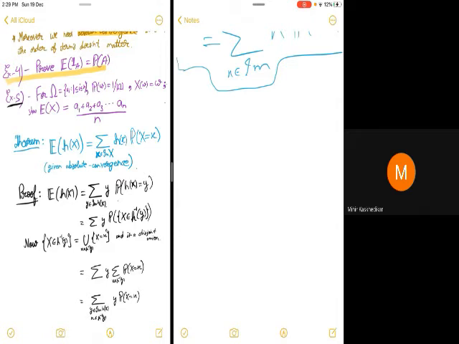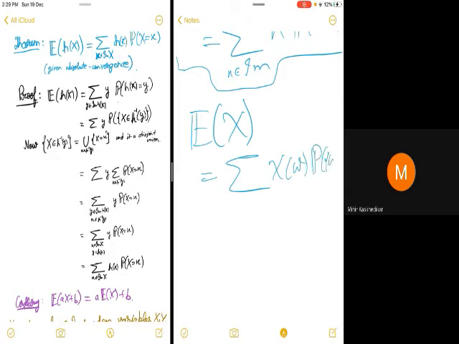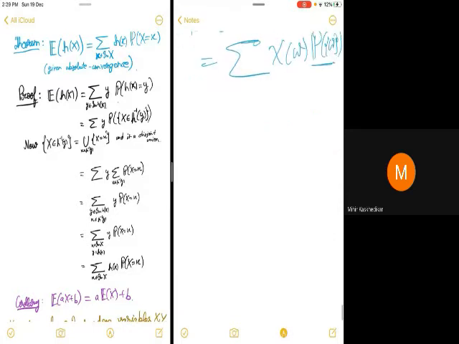If you want to prove results about expectation of some general random variable, you can just sum over the values that X takes at omega times the probability of the event omega, as long as we can reasonably define this sum and these probabilities make sense.